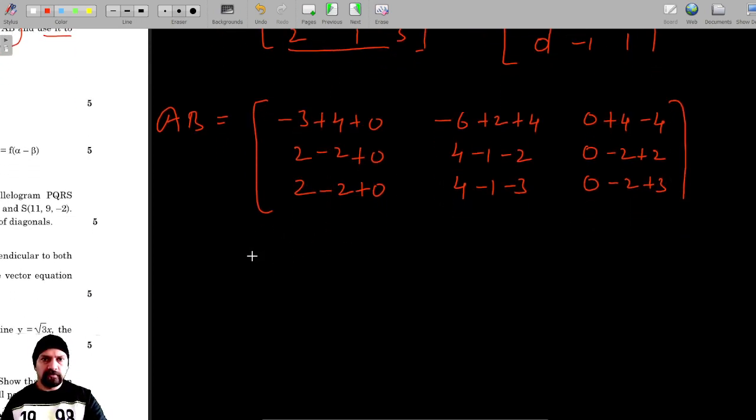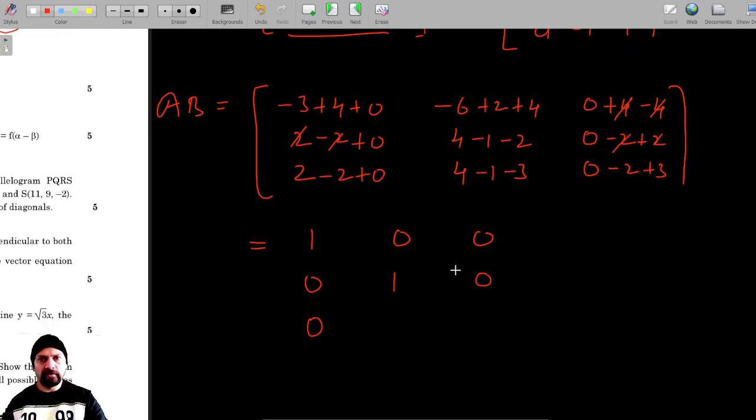Okay, so now minus 3 plus 4 is 1, so this is 0 and 0. This is 0, 4 minus 1 is 3, minus 2 is 1, this is 0, 0, 4 minus 1 is 3, minus 3 is 0, and this is 1.